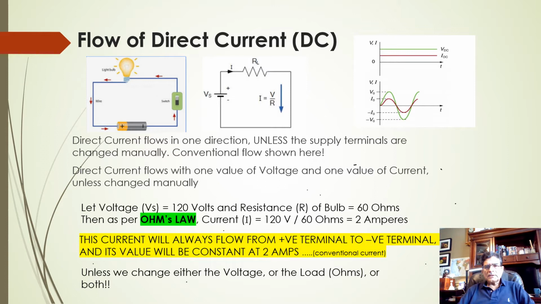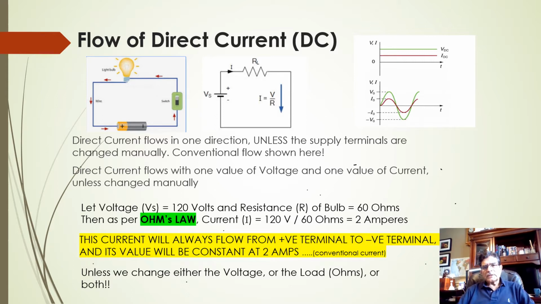And the flow of DC, if we plot the flow of current against time, look at the top diagram here. This is time in seconds, minutes or hours, and the vertical axis is the amount of voltage and current, depending on the values.